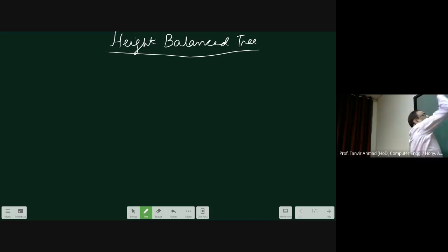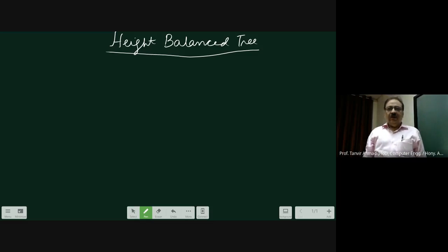Okay, now today we'll start with another type of tree which is called the height balanced tree. This height balanced tree is an important concept because you know that the complexity of a binary search tree will be order of log n to order of n.